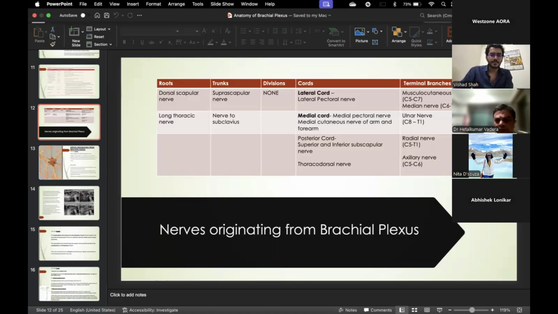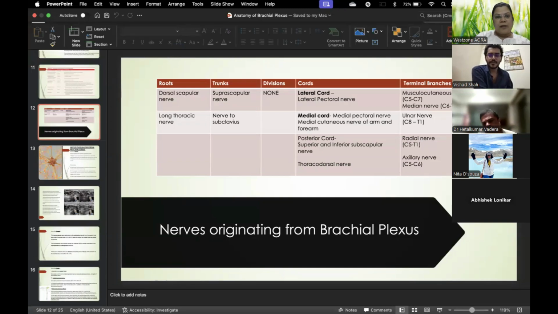Any other questions you can ask? Anyone else? Good evening, Vishad. Just a suggestion: when we read about the anatomy of the brachial plexus, try to read about the variations. I have just shared two articles from RAPM in the group which are very beautifully written.